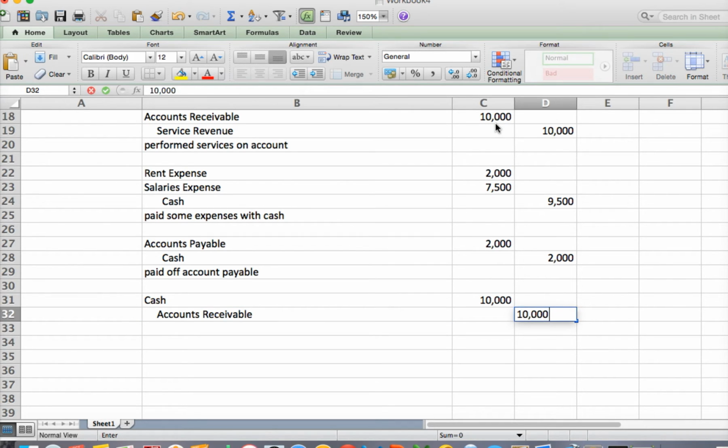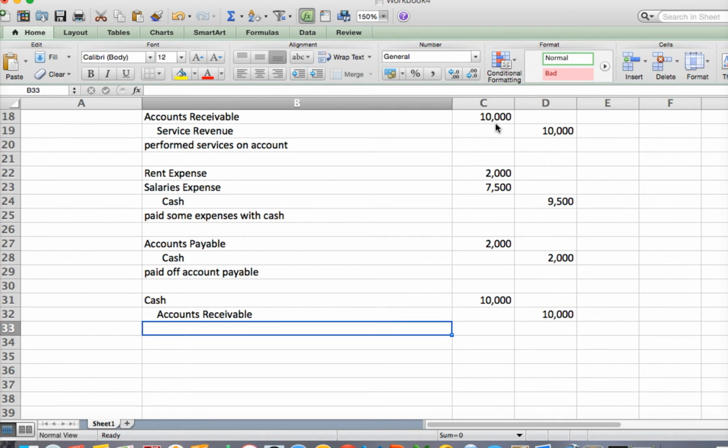So accounts receivable is going to go down by $10,000. Received money for receivable. So again, this is another one of those scenarios where we just have one asset turning into a different kind of asset. So now instead of an IOU, which we considered almost equal to cash, we're exchanging that, getting rid of the IOU, and receiving cash for that.